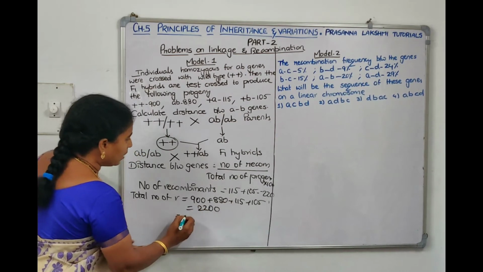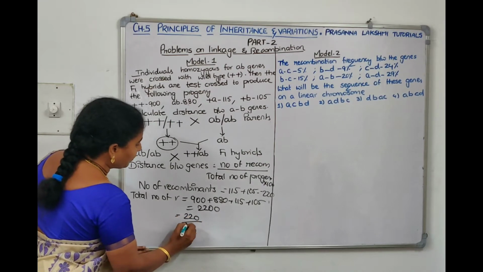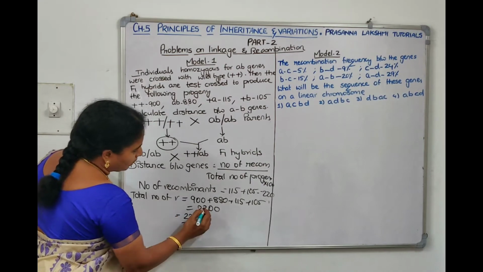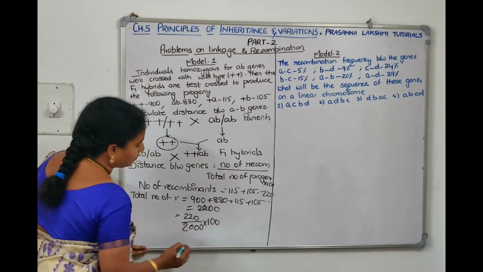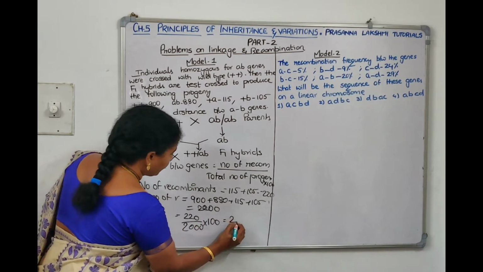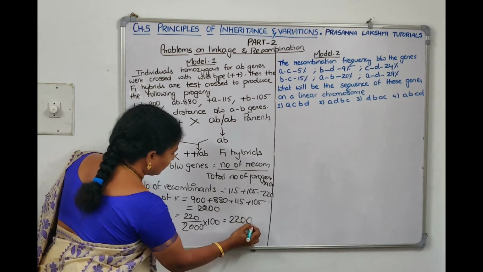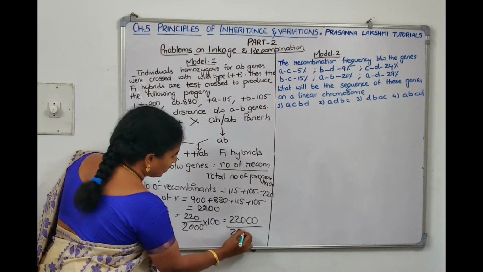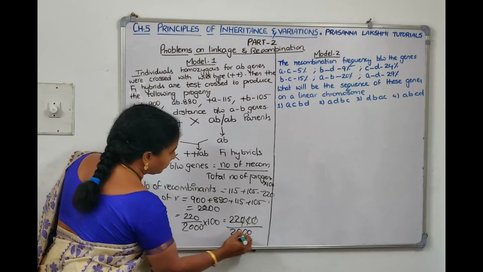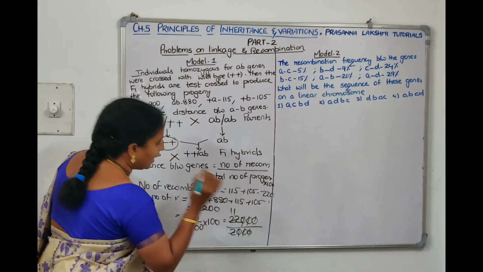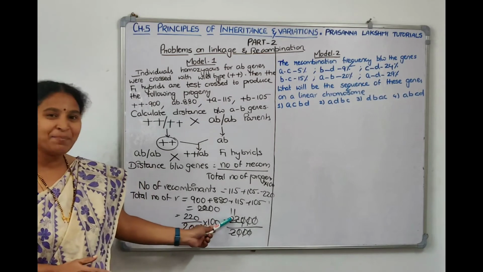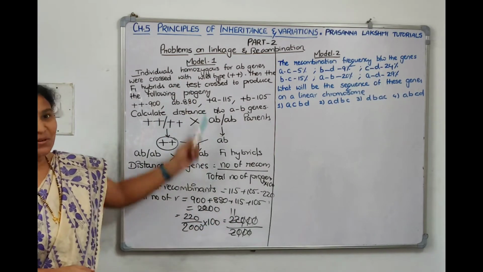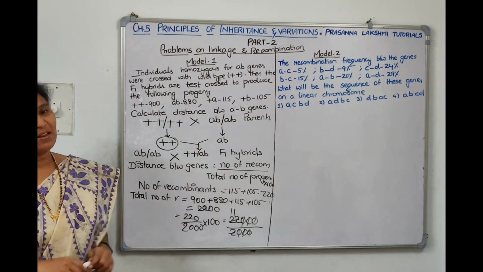So the formula will be 220 by 2000 into 100, and so you will get 11. So the distance between the two genes A and B is 11 map units. In this manner you can solve one problem related to linkage and recombination.